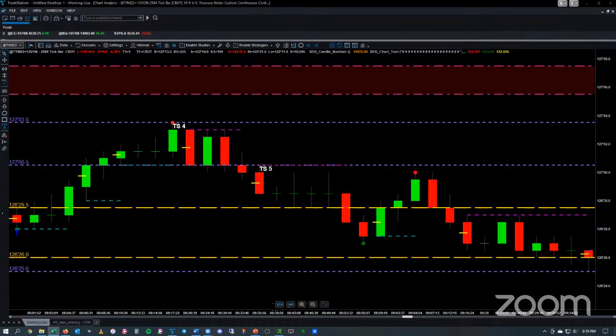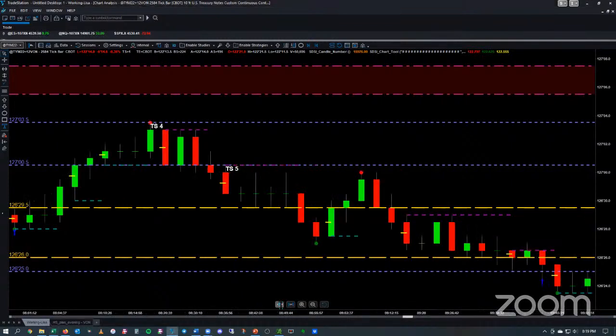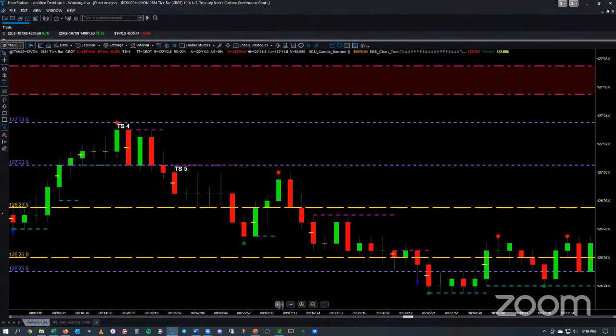And if we go to, so 1, 2, 3. So at this point here, when this base gets broken and it closes lower, then we would move our stop to the top of this base.